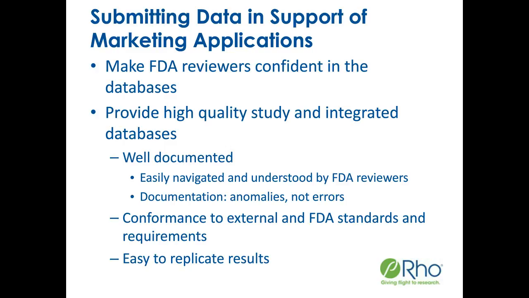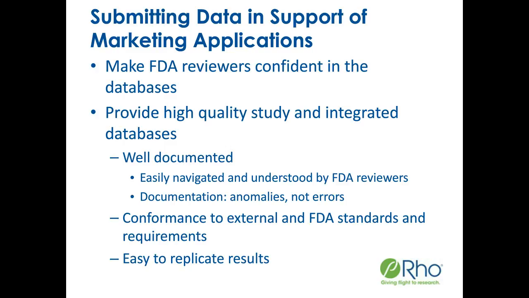They are accurate, they are complete, they allow for complete assessment of the risk-benefit profile of the compound. They are high-quality databases, easily understood and well-documented. They conform to certain standards and requirements, and results are easy to replicate. So if we don't plan early, can we achieve this?